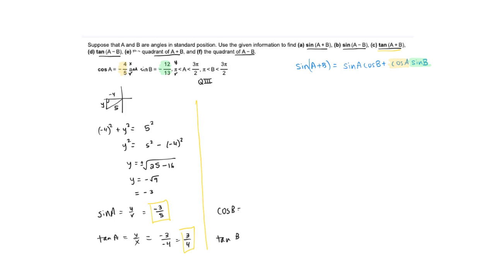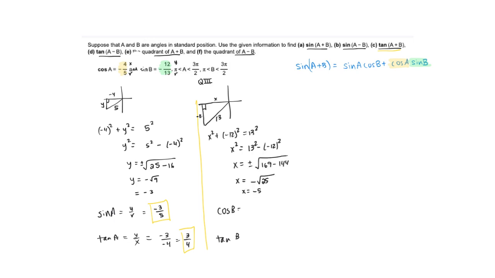Sine is y over r. So again, we can think about quadrant 3. To make a little right triangle, our y here is negative 12, and our r is 13, and we need to know what x is. So we just use the Pythagorean theorem, and we find that x is negative 5.